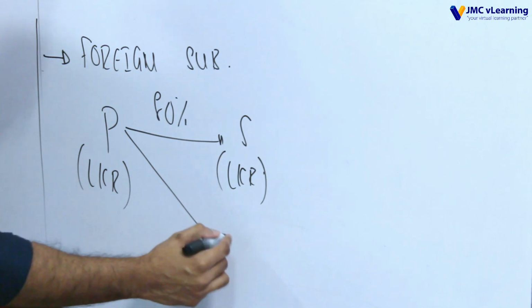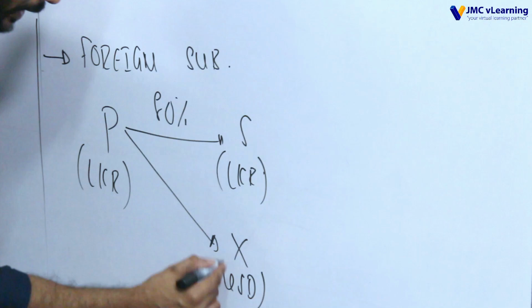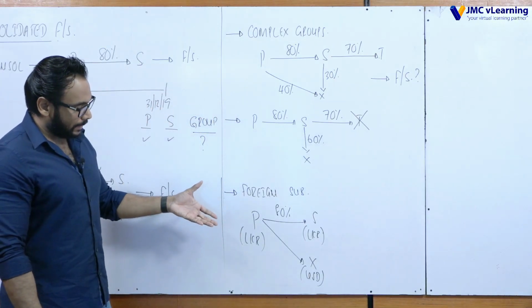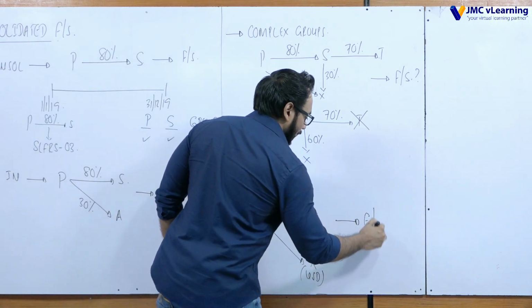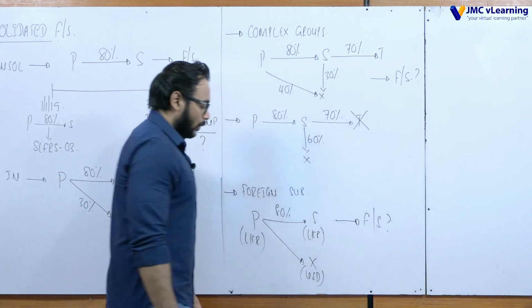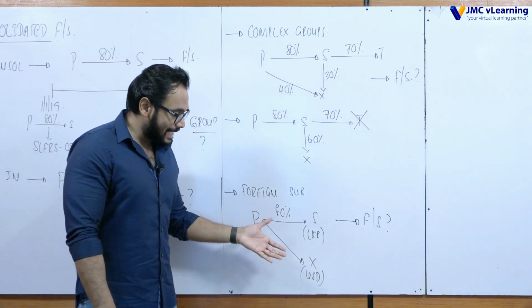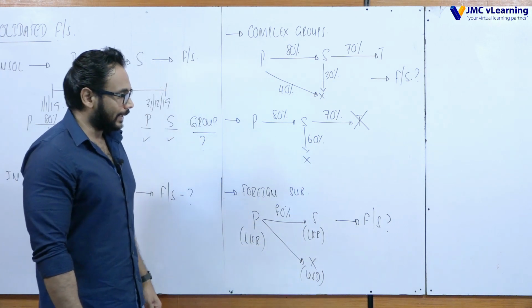In addition to that, parent has a subsidiary who prepares financials in USD. So how do we prepare consolidated financials when you have an entity within the group who prepares financials in a different currency than the reporting currency? So we will look at that as well.